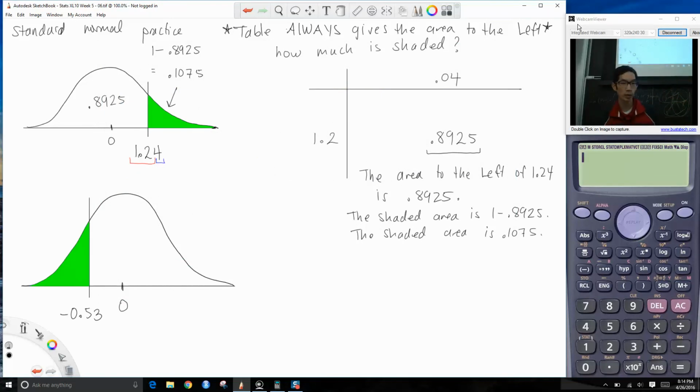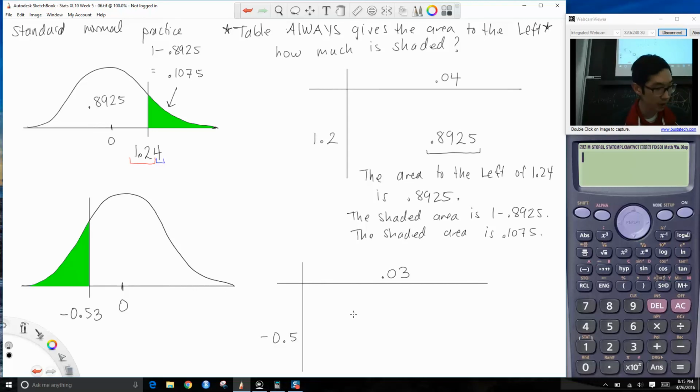Okay. All right, what do we have for the other shaded area here? Yeah, okay, so we're going to go to the negative side of the table, okay? And we're going to go to what row? The row negative 0.5, right? 0.5. And we're going to go to column 0.03.